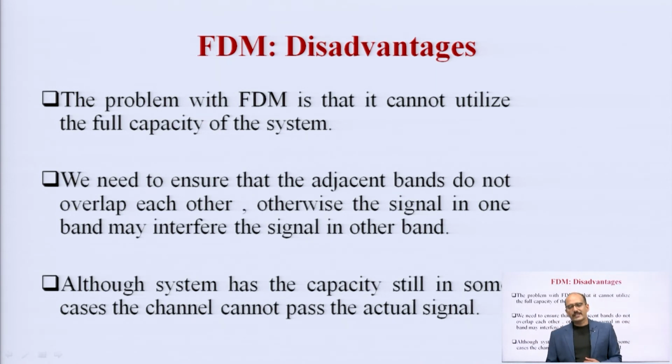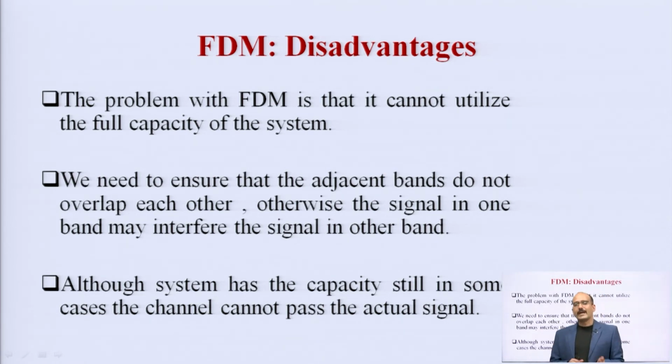In FDM we are using a guard band, in which some part of the band is allocated to an unused frequency range so that adjacent channel interference can be avoided. Also, each particular user gets only a share of the available channel, which means the available bandwidth is decreased, and the capacity of the channel is also decreased.